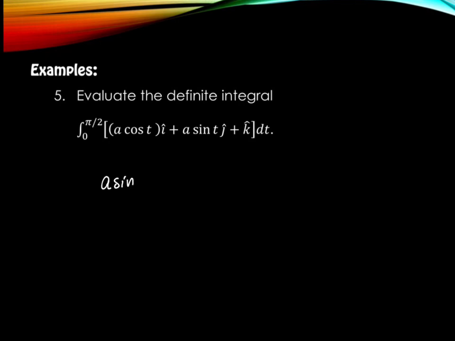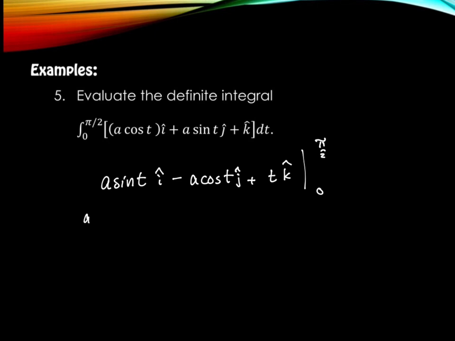It is a sine t, i. What is the antiderivative of a sine t? Negative a cosine t, and this one's j. And then the antiderivative of k? t, k. And we're evaluating this from pi halves down to 0.